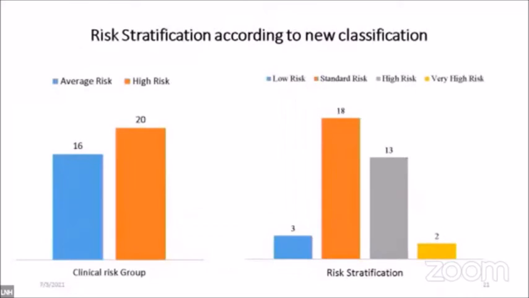With this, the risk stratification: initially we were saying 20 were in the high risk, poor risk group, and we were thinking of giving high doses of radiation and all this. But come to think of it now, 18 had standard risk. In standard risk, you don't have to give very high doses of chemotherapy and radiation.